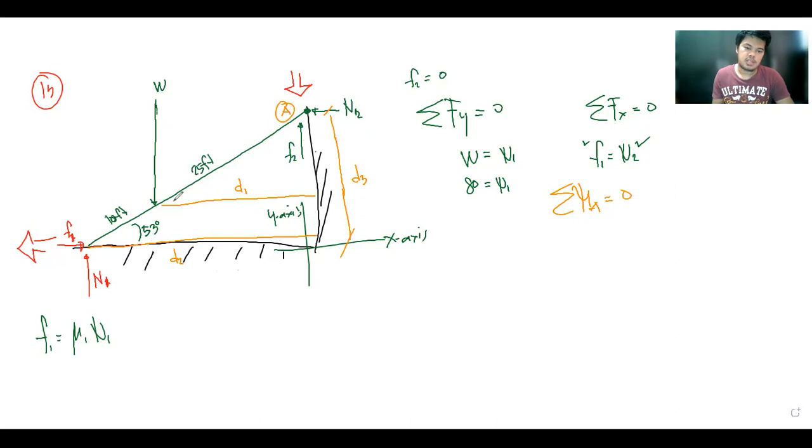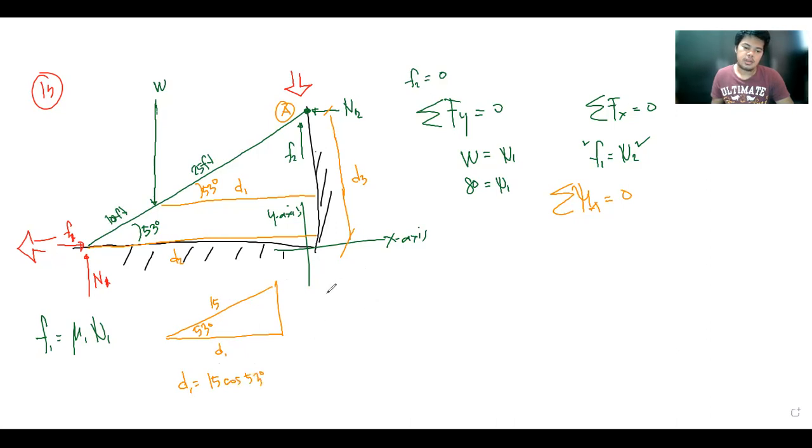If you look at this triangle here, this is 53 degrees also. Then this would be D1, and this would be 15 feet, so D1 can be calculated as 15 cosine of 53.